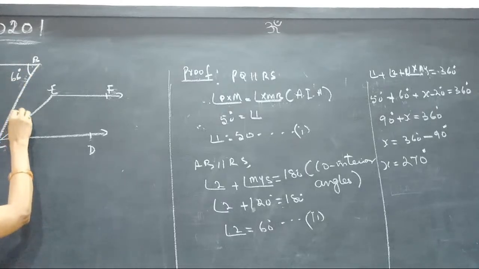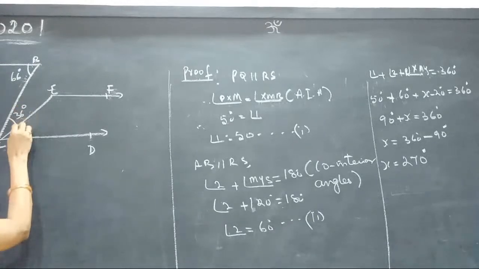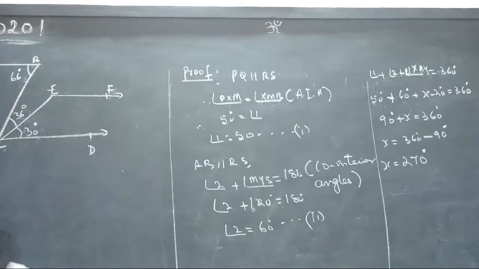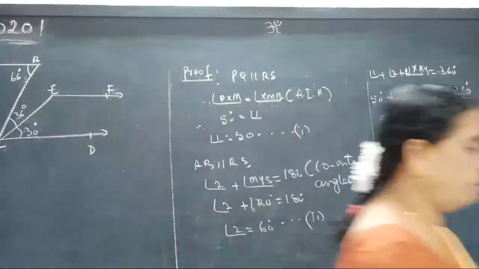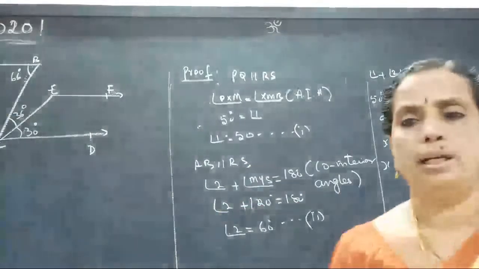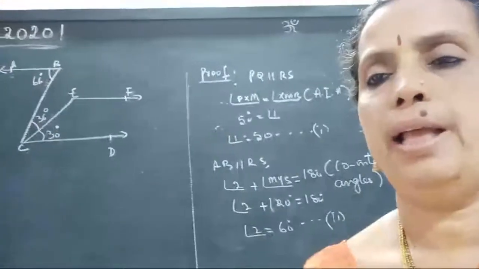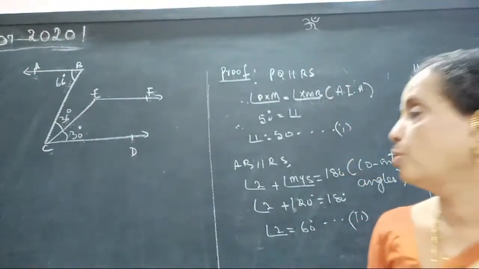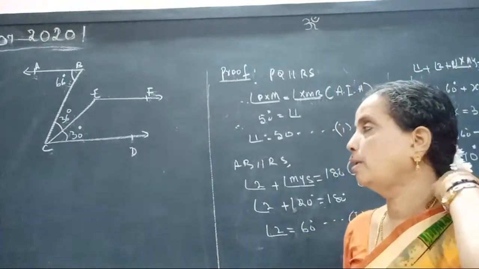How? Let us check. If the converse of the theorem statement is satisfied, we can consider the lines parallel. Then we will come to the conclusion AB parallel to EF.